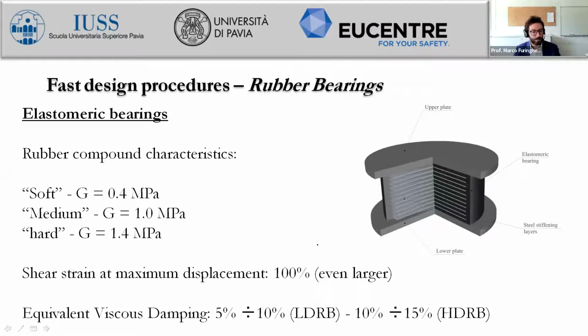And I just want to remind these numbers because actually these are some values that we have to guess initially, and now we have to guess them just because we want to carry out a theoretical design. But generally what happens is that you go to a producer and you ask for characteristics of the rubber compound. Generally they have medium to hard, but there are also some applications where the soft compound could be useful.